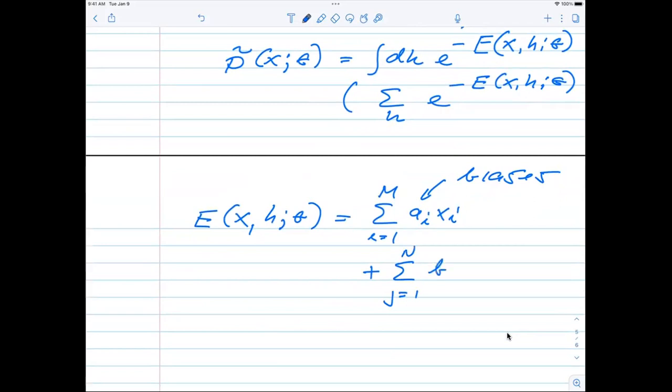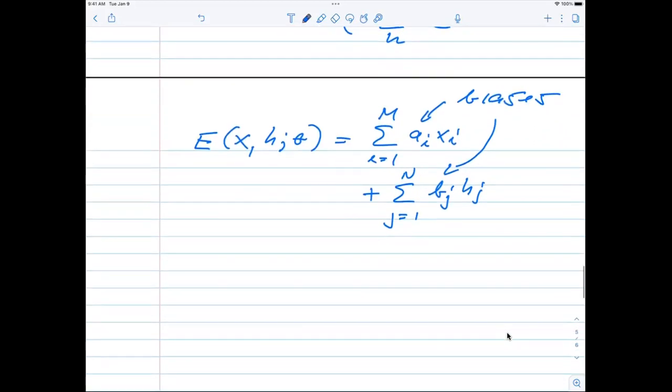This is going to introduce a new set of parameters, which are also biases, b_j, times h_j. And then finally, we have a double sum over i and j, up to m and n, with x_i multiplied with w_ij and multiplied with h_j. And these are the so-called weights.